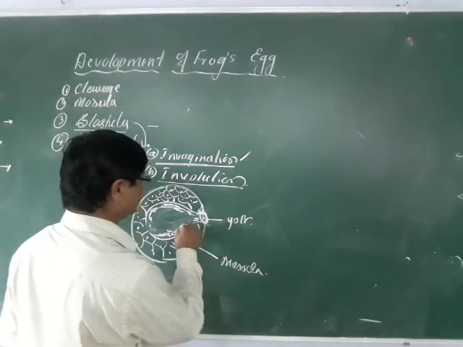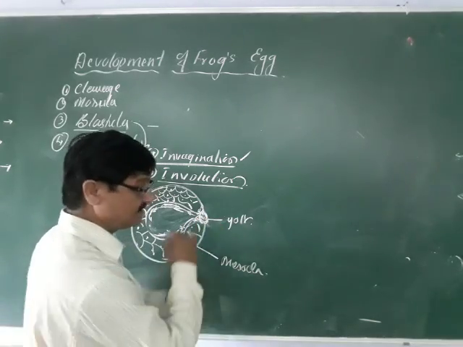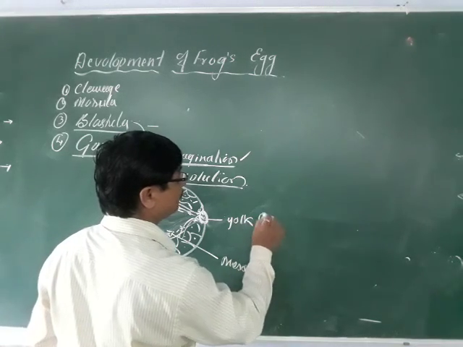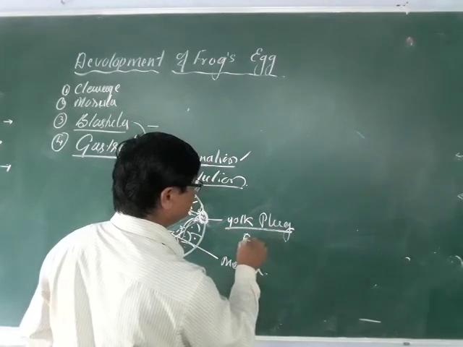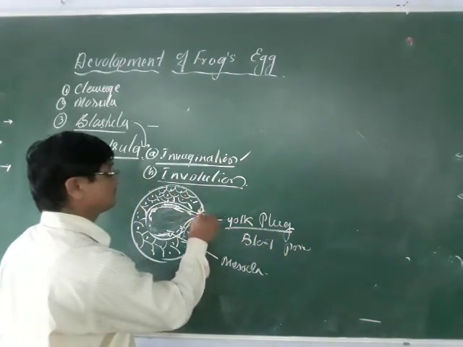Some of the big cells, or the yolky cells, will be pushed to this side and cover it. It occupies here and forms a plug. So that is the yolk plug, a yolk plug-like structure. So that is called the blastopore. It covers the blastopore.